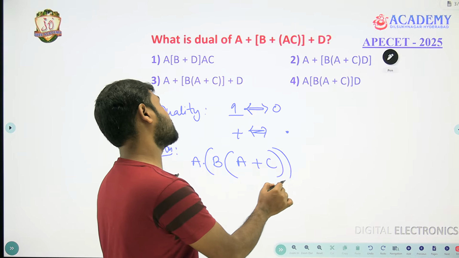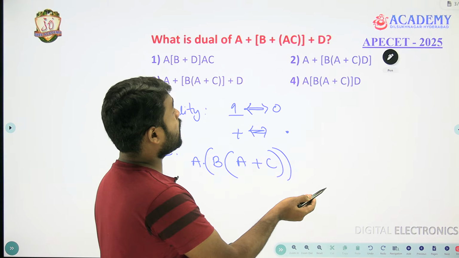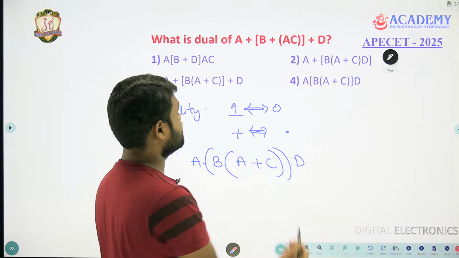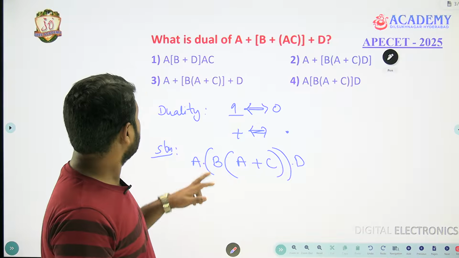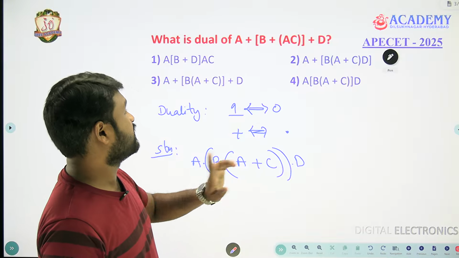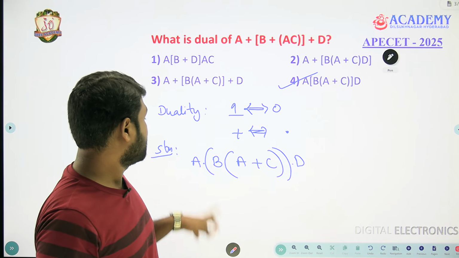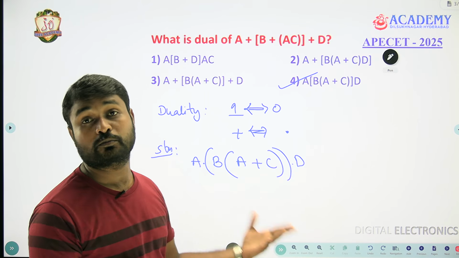Over. Plus is there, dot, that's why bracket, plus is converted to dot, and D is there, D. Wherever this option is there, that will be the final answer: A, B, A plus C, D. This is the correct answer. Simple. Plus to dot, dot to plus.